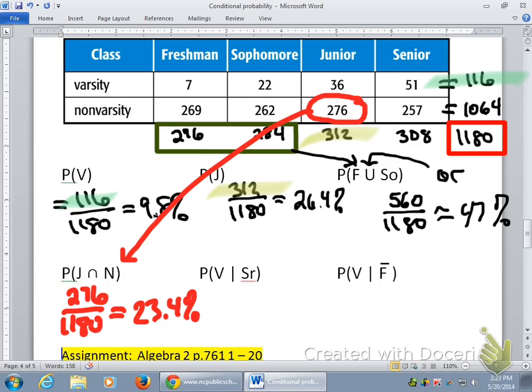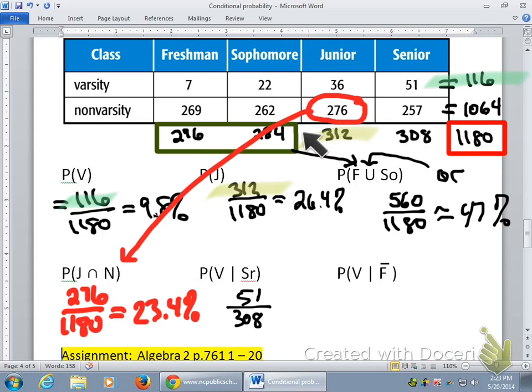So there are how many varsity? Out of the senior class, which is 308, how many of them are varsity? 51. This is telling me the varsity people, given that I'm only talking about seniors.